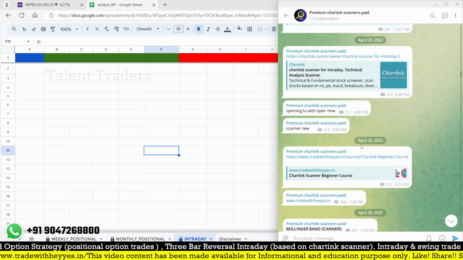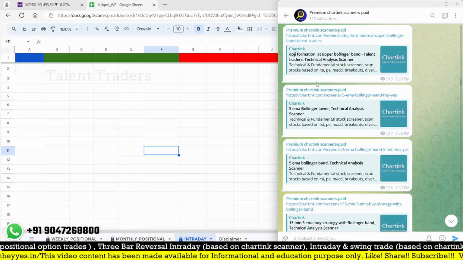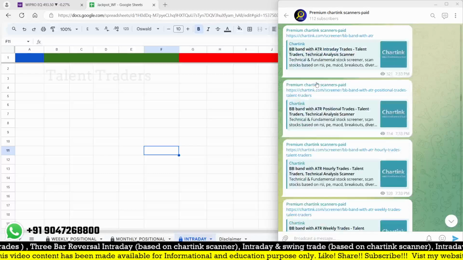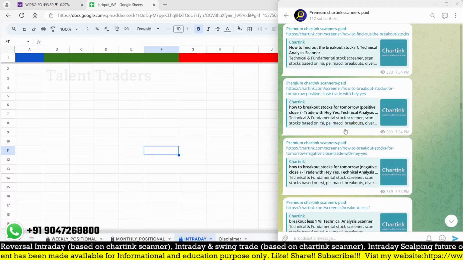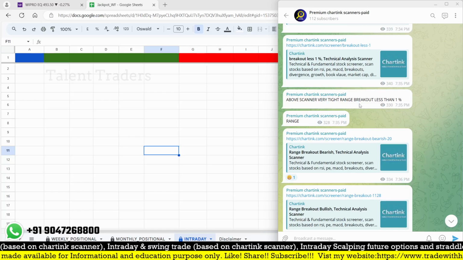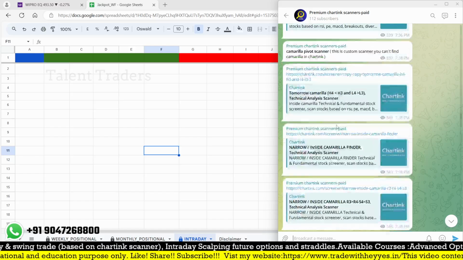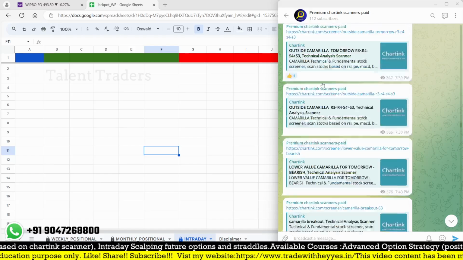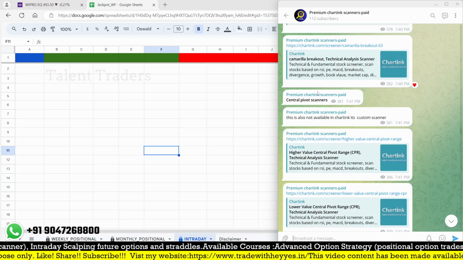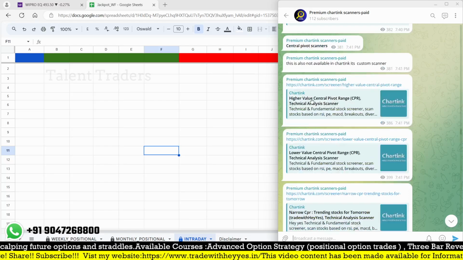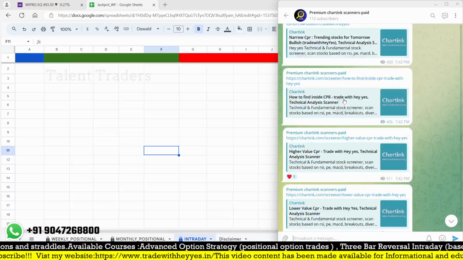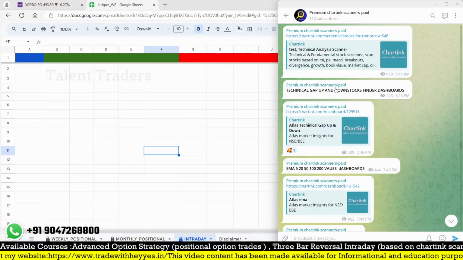And some other things, customized scanners like Bollinger Band scanners, and breakout scanners that we have seen earlier. And Awesome Oscillator also. This is the Camarilla pivot, and CPR also available here in this premium group, and central pivot point. This is a CPR scanner, higher value, lower value, very tight narrow range.